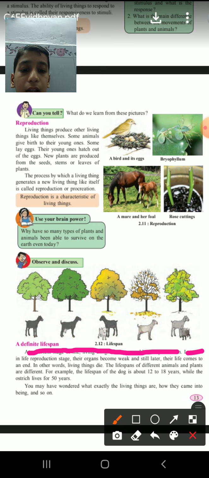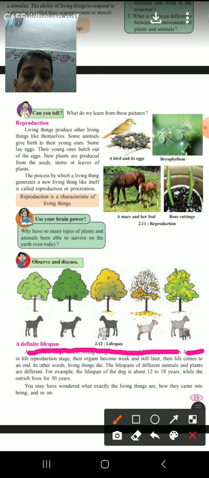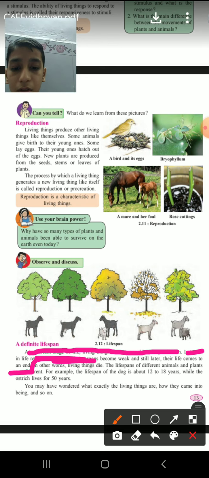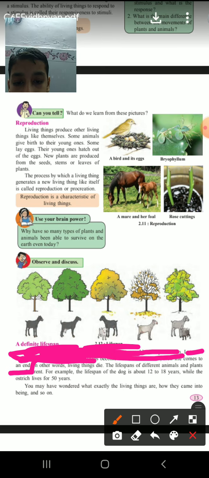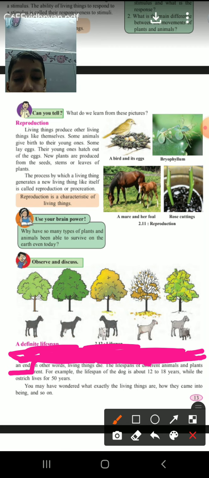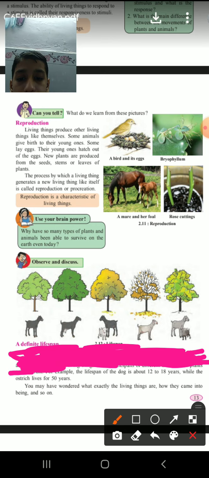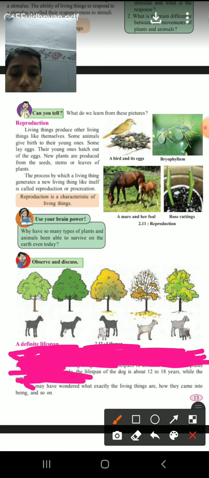The lifespans of different animals and plants are different. For example, the lifespan of the dog is about 12 to 18 years, while the ostrich lives for 50 years.